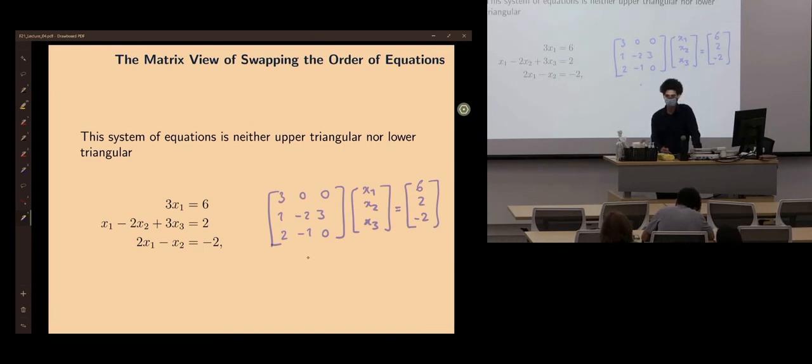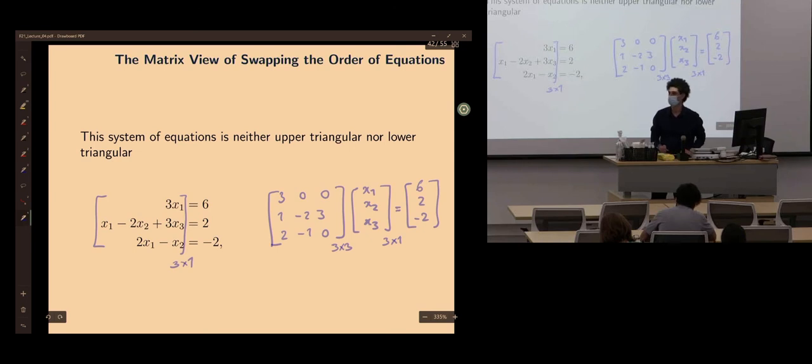You can multiply this matrix by vector x1, x2, and x3, right? That should generate this set of equations for you. Because this is 3 by 3, this is 3 by 1, the result will be this 3 by 1 vector.